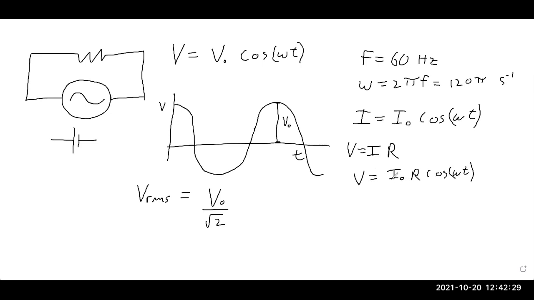So the voltage across it is going to be the current amplitude times the resistance times cosine of omega t.